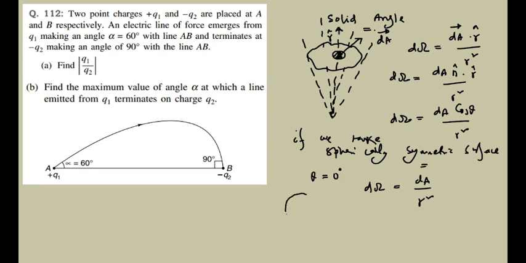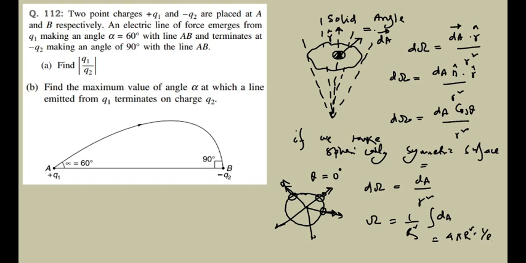So if I take a spherically symmetric area, you can see that these are the radial lines like this, and the elemental area vector is in the same direction. So that's why theta is equal to 0 degree. So if I integrate the result for a sphere, radius is constant, so 1 by r square will be out of the integration. Then integration of dA, what is the integration of dA? That is 4 pi r square into 1 by r square. So solid angle subtended by a sphere will be equal to 4 pi.